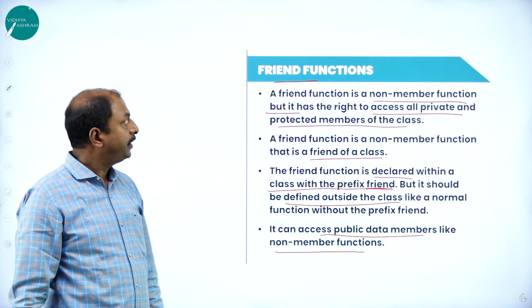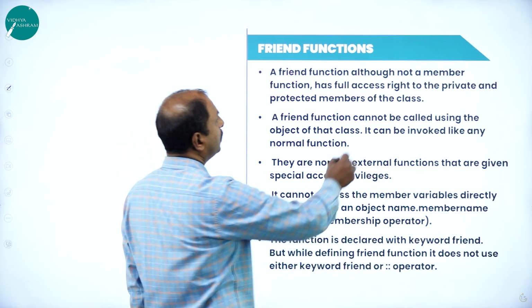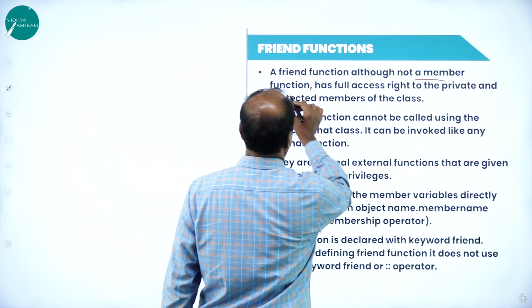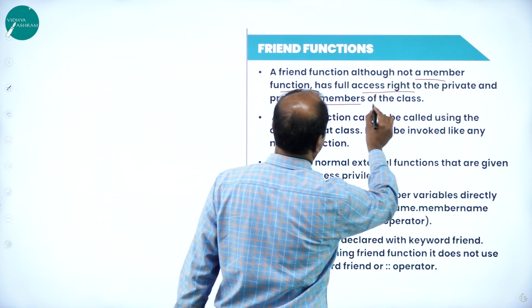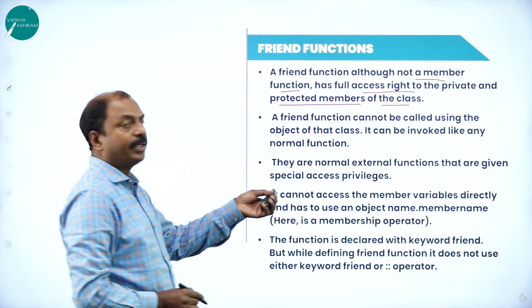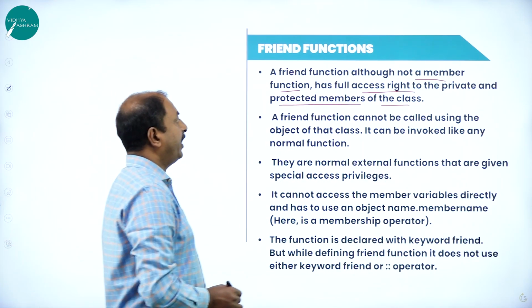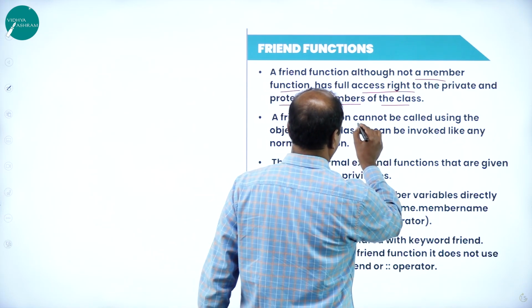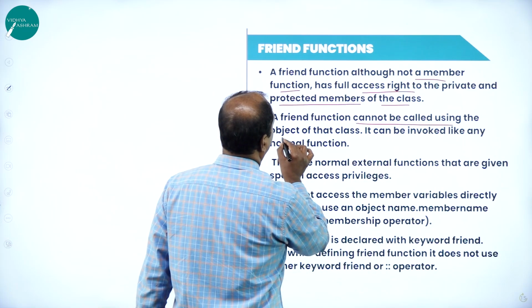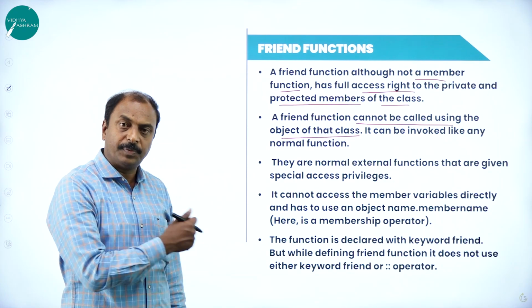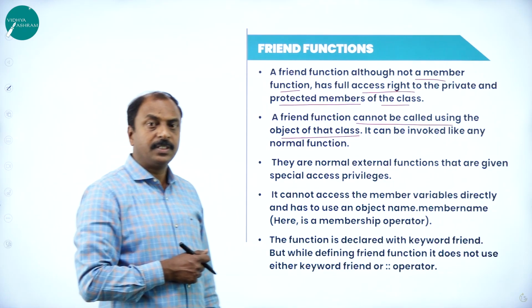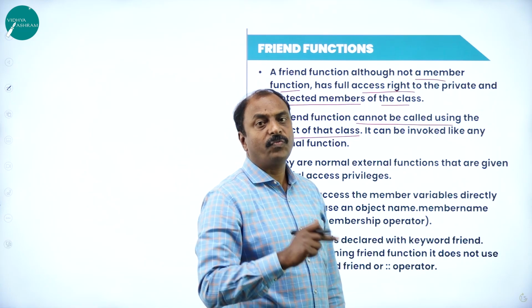In the next slide, a friend function, although not a member function, has access to private and protected members of the class. It is the same point that you have seen in the previous slide. A friend function cannot be called using an object of the class. Normally we know how to invoke a function, as you have seen in the previous example, that is with the object name dot function name.